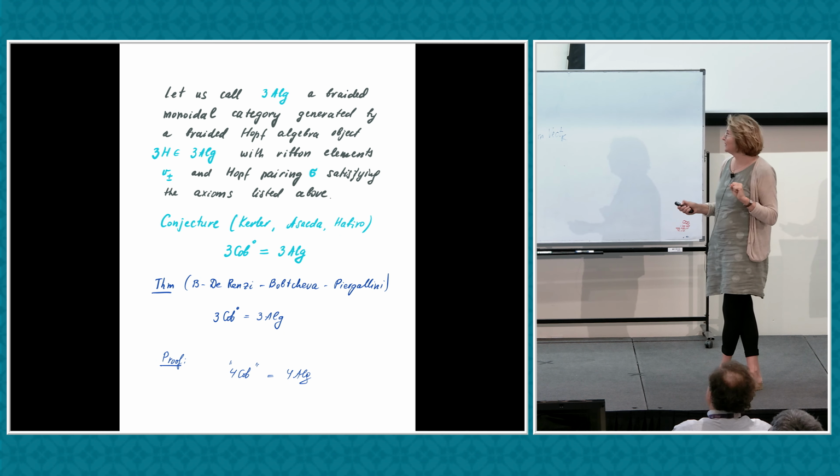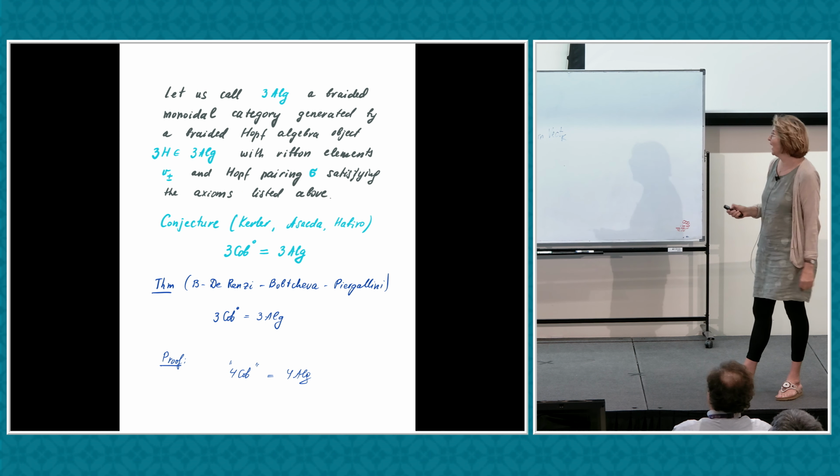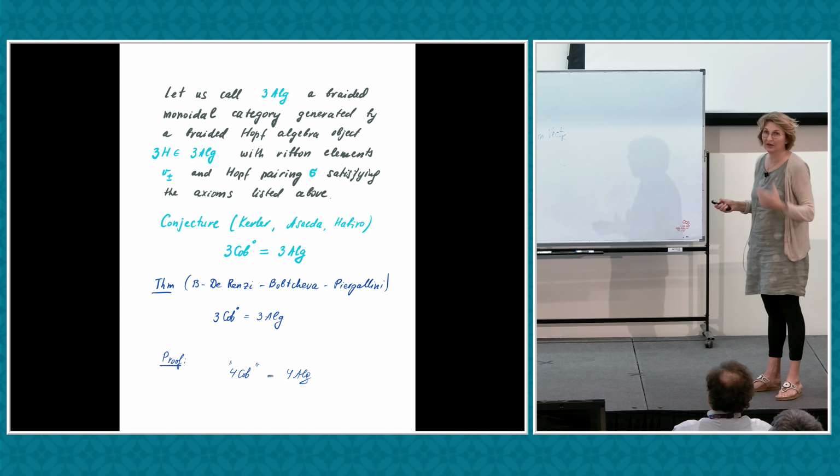She said that this will be soon done by Habiro, so this holds. So 3-COP is equal to 3-Alg, and this is proven. But the fact is that it was never written.